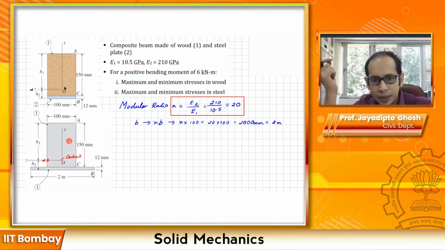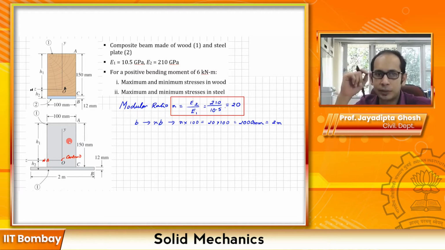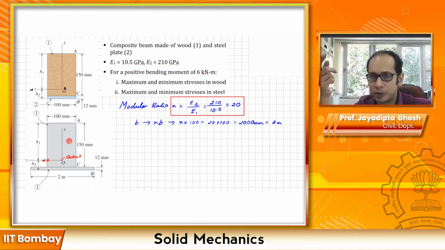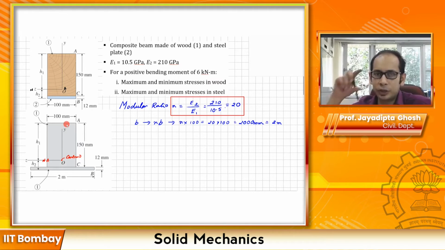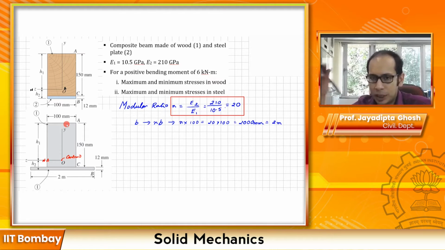Now another thing you would need to calculate your sigma, with the formula sigma equals My by I, is the area moment of inertia about the centroidal axis, or the neutral axis, for the transformed section, which you can also easily calculate. You have these two separate rectangular chunks. You calculate the area moment of inertia of these individual chunks, and then you apply the parallel axis theorem to compute about the neutral axis.